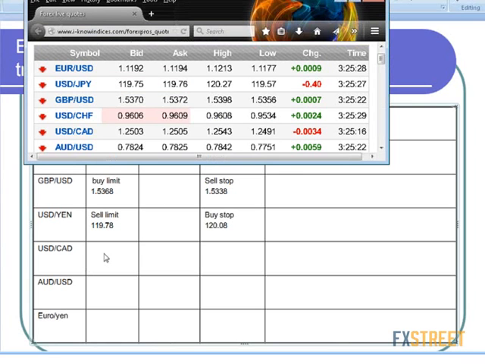Then in the case of Canadian dollar, as I told you, the high they have not breached, but the low they have breached, 1.2491, and they have come above.